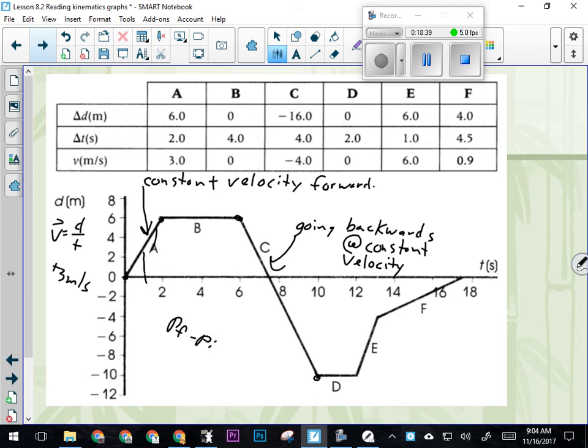Okay, so v equals, in that part, negative 16 divided by, and that took him from 6 seconds to 10 seconds. Okay, so it took 4 seconds. That means, yes, he was going faster in that part, but in the opposite direction. Okay, so the magnitude of his velocity was bigger, and the direction was opposite of part A.